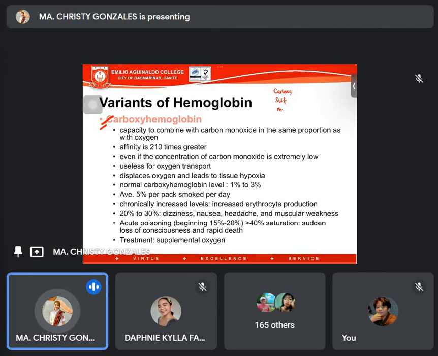So familiar naman na kayo kay methemoglobin, right? Anong nangyari dyan? Na-oxidize yung kanyang iron. So from ferrous, naging ferric. What happens naman sa sulf hemoglobin? Ang nag-bind ay sulfur or hydrogen sulfide.